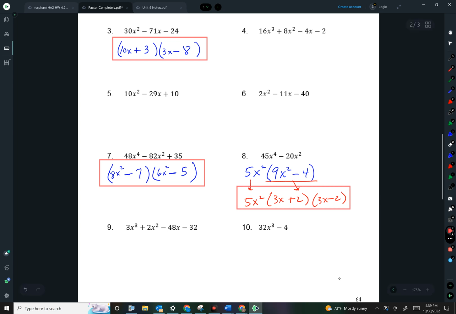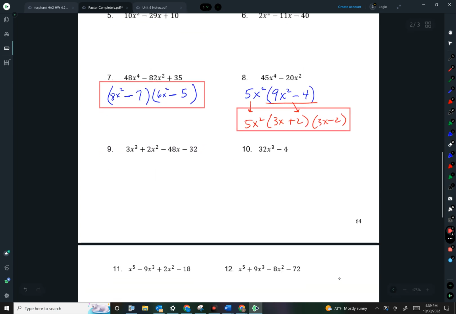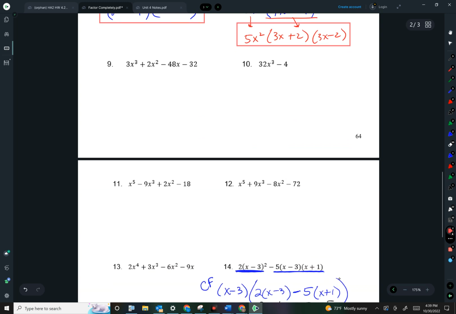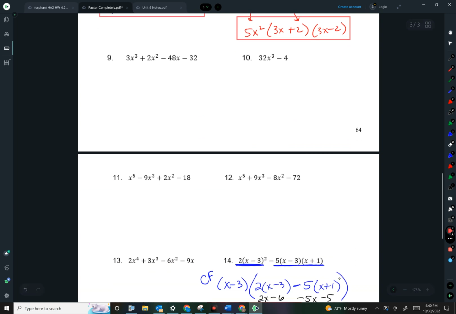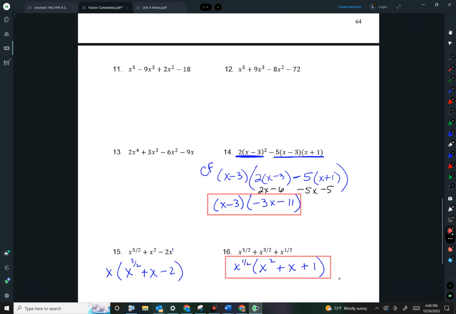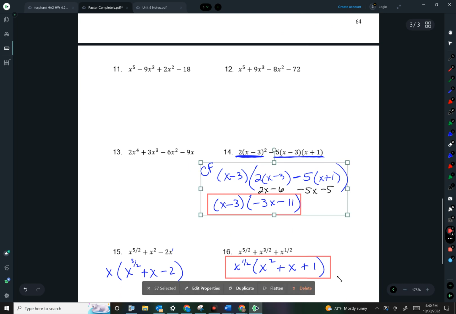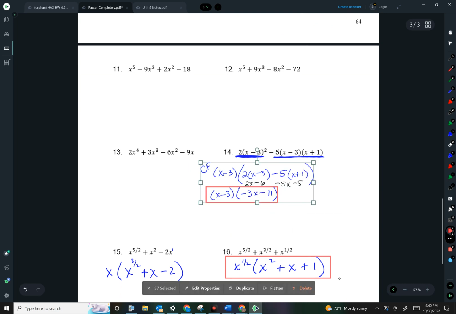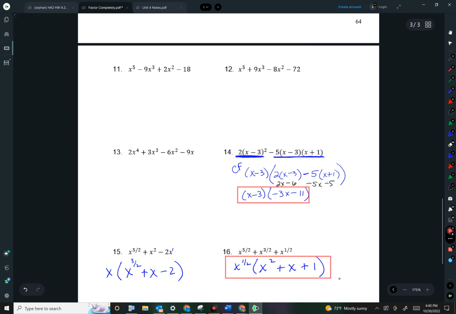I'm looking for one more that might have that. Let's do one of these that has 4 terms with the grouping. How about we look at number 13? Okay, when I look at number 13, yeah, there's 4 terms, which makes me think grouping. But before I do that, I still need to look for common factor all the way across, right?